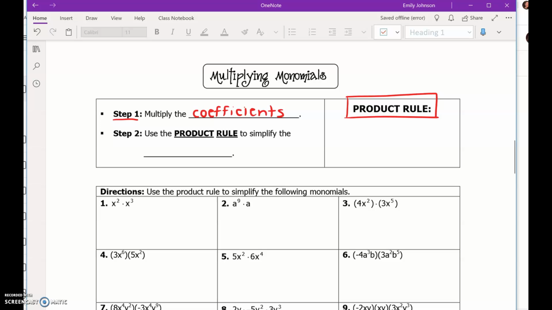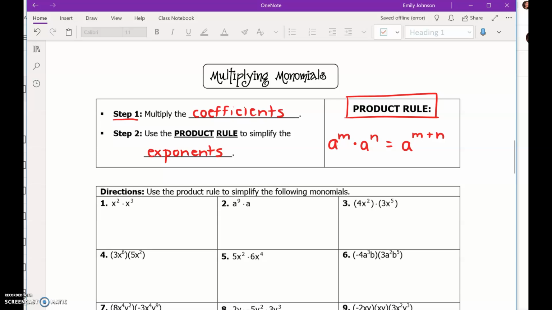Now, in order to use the product rule, that is to simplify the exponents, we know product means multiply, but what that means is we're multiplying one term by another term. And as we multiply them, the product rule actually tells us that we are going to add the exponents together.